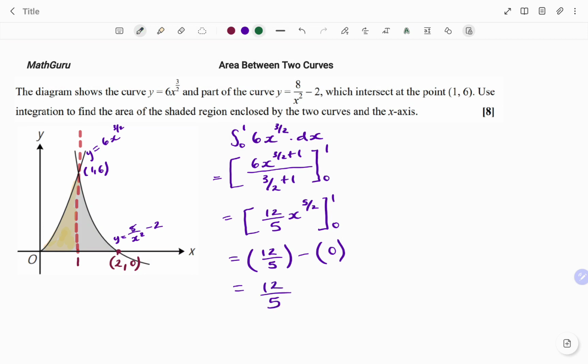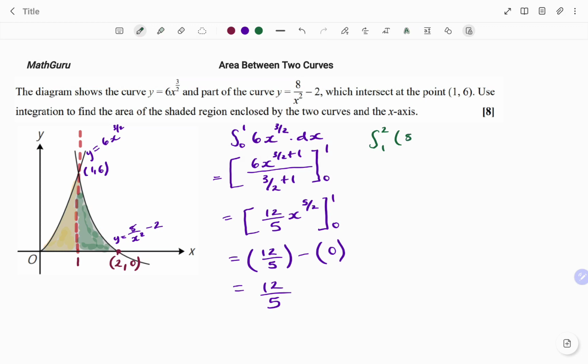To find the second part, I have that between 1 and 2 as shown. That's the value of my upper and lower boundary. So therefore, I have the integral from 1 to 2 of 8 over x squared. I'm going to put that in a bracket.